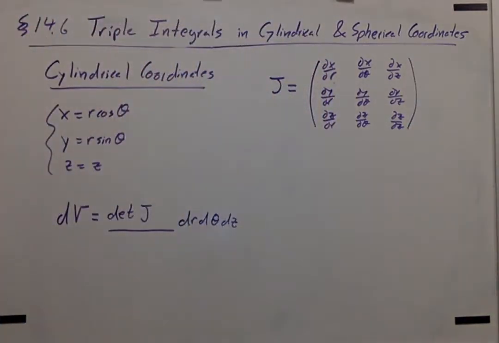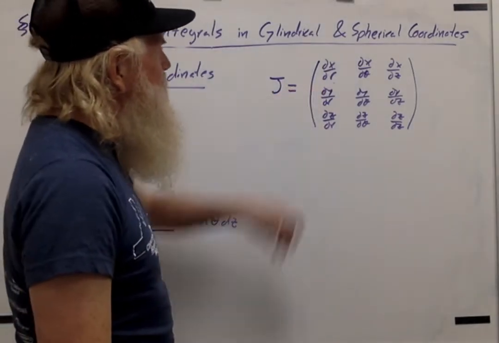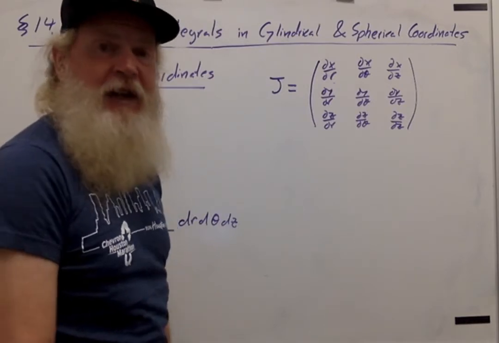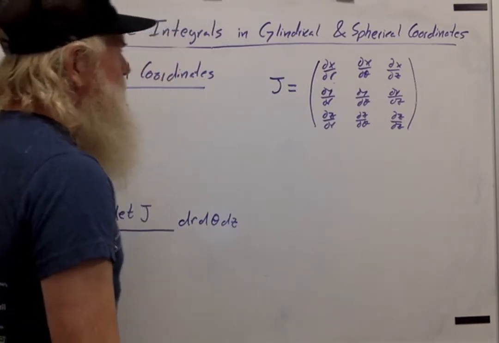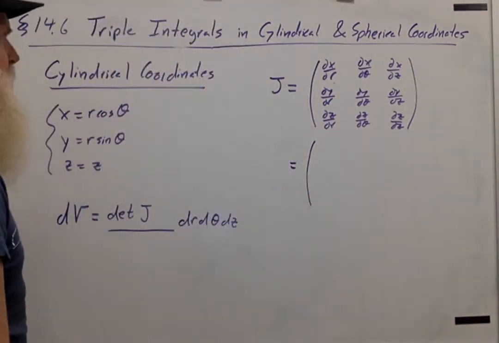So just like it did for functions of 2 variables, this Jacobian determinant is going to measure how much volumes are magnified when you switch from one coordinate system to the other. So let's calculate all these partial derivatives.